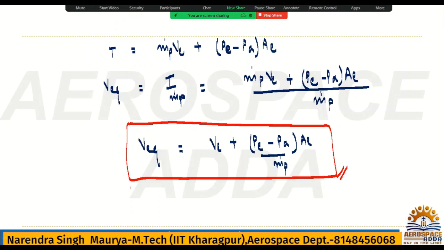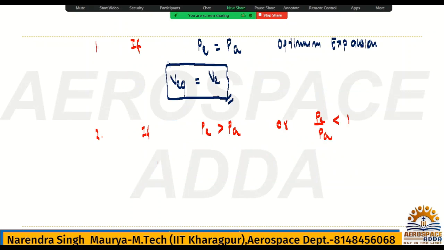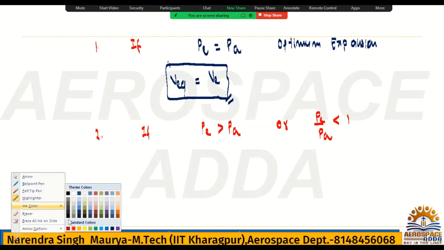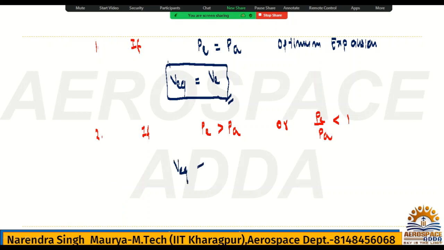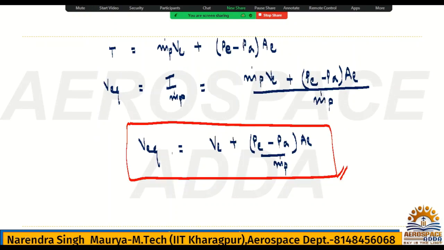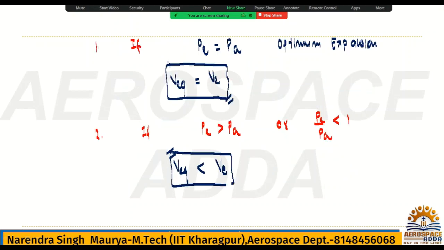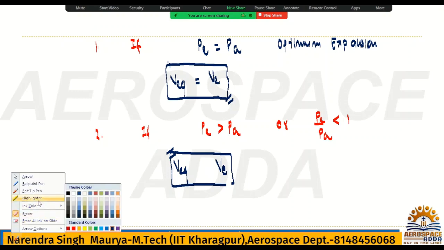If you calculate that effective exhaust velocity, it will be different from the exit velocity. Check it, and correct this.